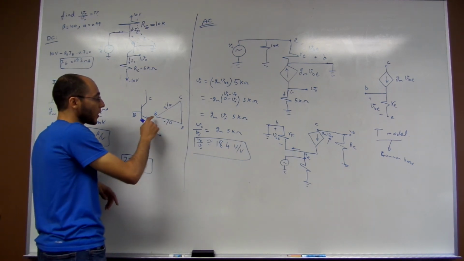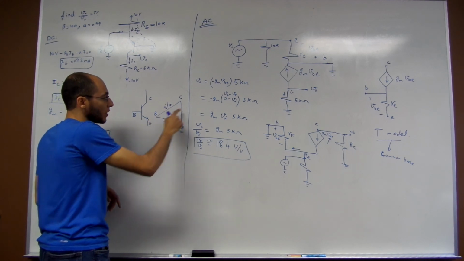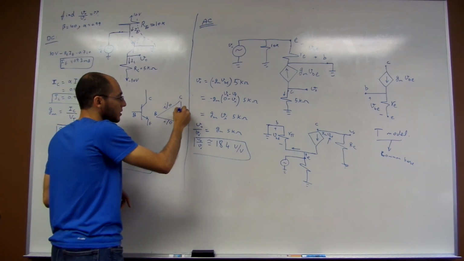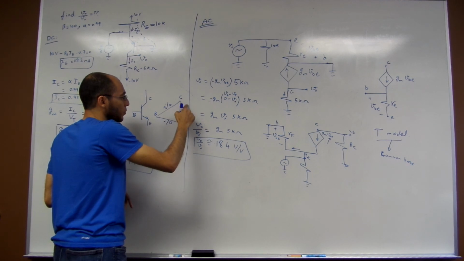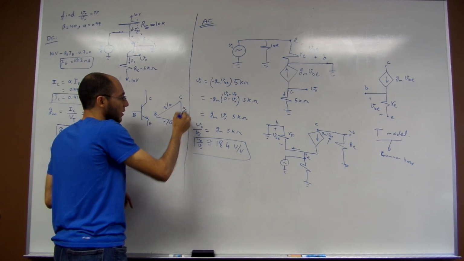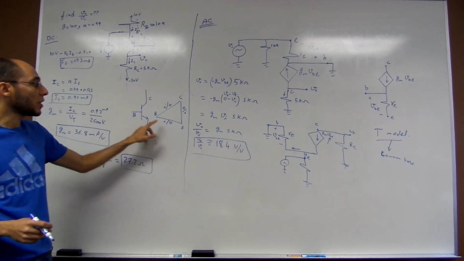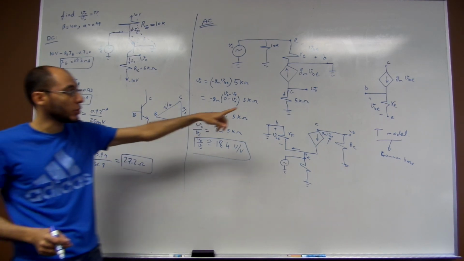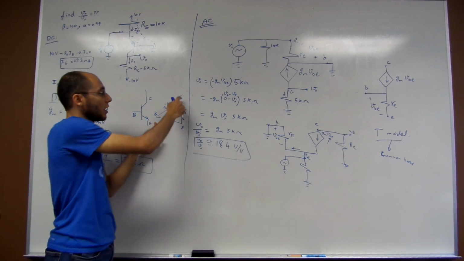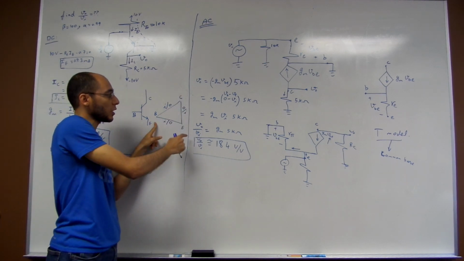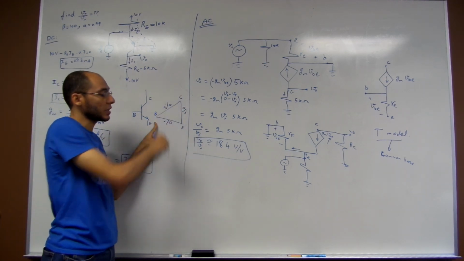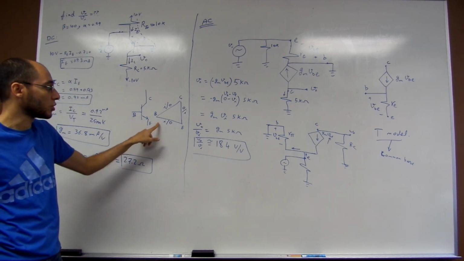What about if you have a common base? With a common base, it's always the case that the output is at the collector and the input is at the emitter. Whenever I tell you I have a common base, as in this example, this means that the collector and the emitter, one of them is the output and one of them is the input, and this triangle tells us which is which.